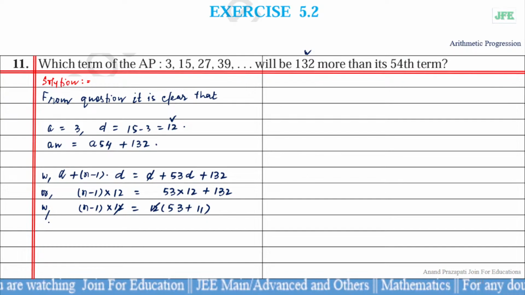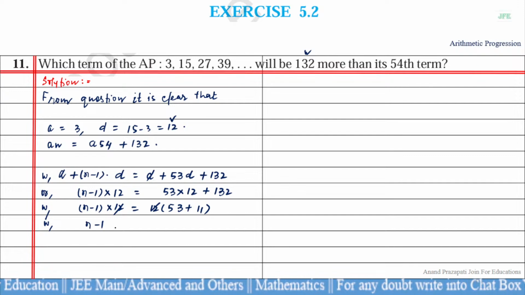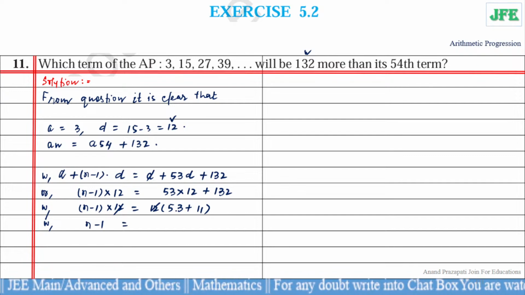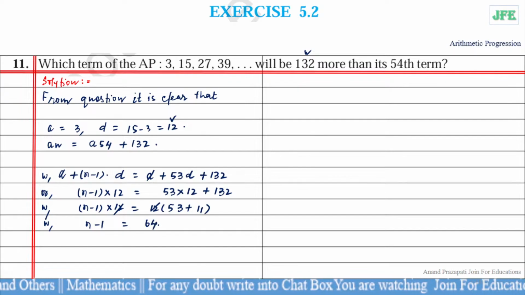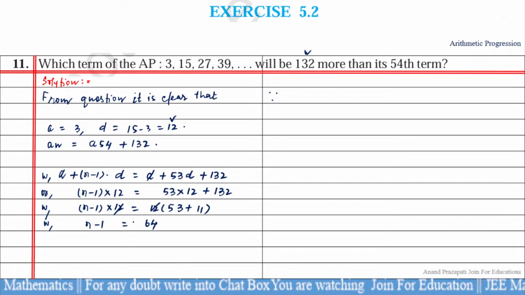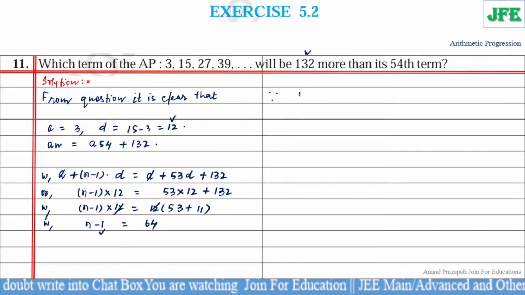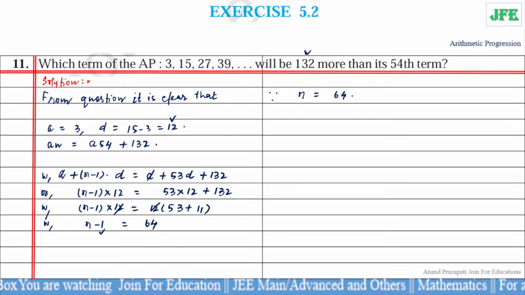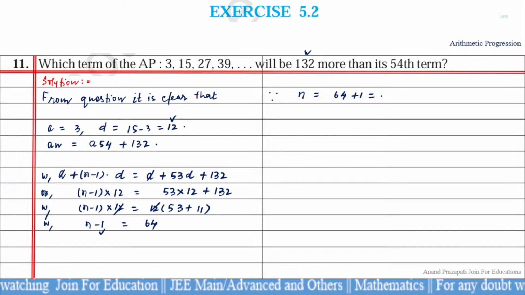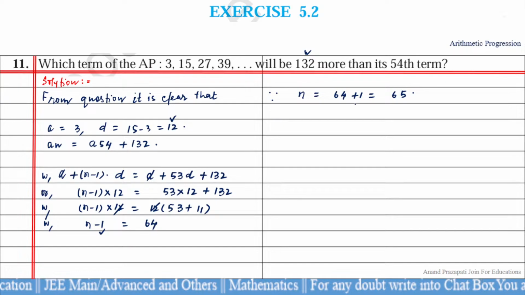Then the next step will be n minus 1 equals the addition of these two, which is 64. So when minus 1 moves to the right-hand side, in the left-hand side we have n, equal to 64 plus 1, equal to 65. So the answer of this question will be 65.